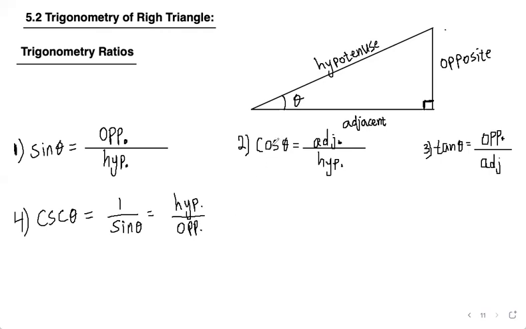Now, the reciprocal of cosine is called secant. The secant of the angle equals 1 over cosine, and this is equal to hypotenuse over adjacent.